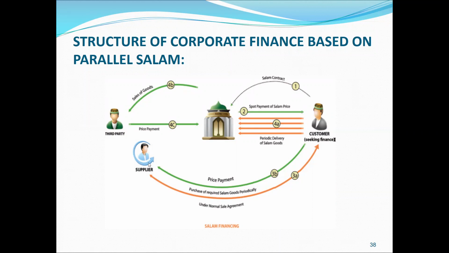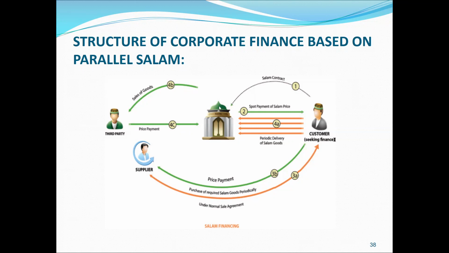So what makes the difference here is that the goods or services are delivered on a different basis: they will be delivered later, but the payment takes place first. So the customer pays the supplier, and they bring these products or services to the Islamic bank.